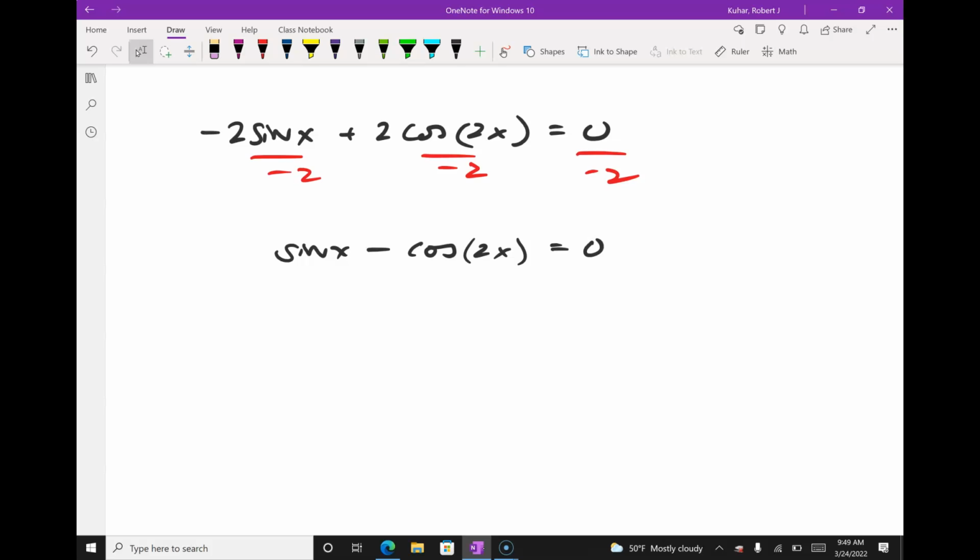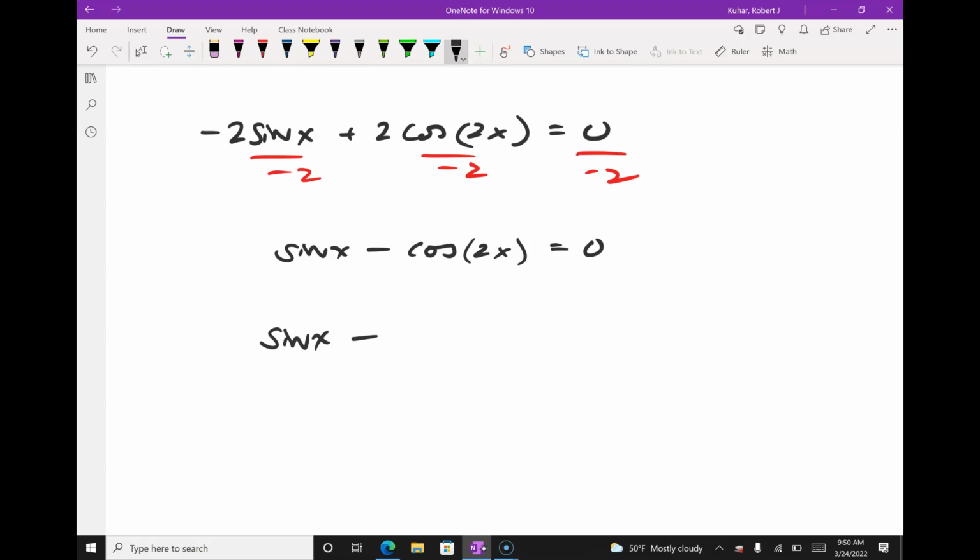I know from how much work I did in my trig class and my pre-cal class, I have an identity for cos of 2x. And I've got my identities on my formula sheet, right? So I can look and see which one makes the most sense. There's 3 of them for cos 2x. Cos squared x minus sine squared x, but then I still have a cos squared in the answer. And the other one is 1 minus 2 sine squared x. That's the one I want.